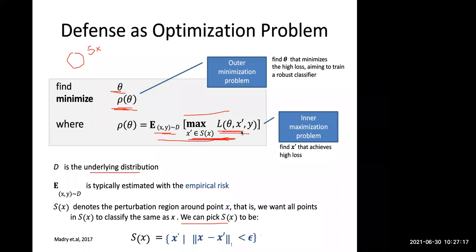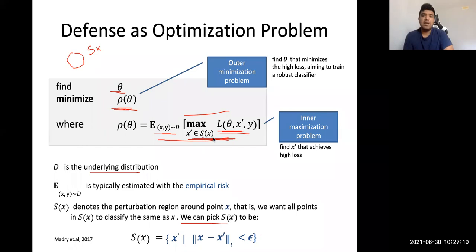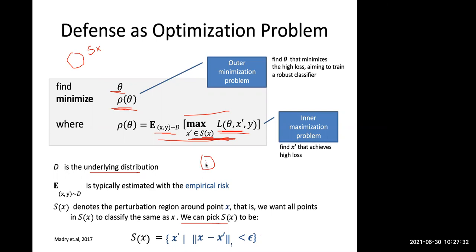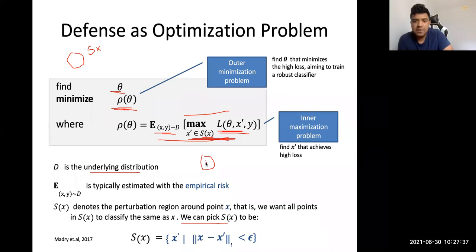And what is S here? S is the perturbation region, say the L infinity ball, the region we're interested in to find adversarial examples. So if this is our region and this is our original x, we're trying to find, say, x prime here, which gives the maximum loss for a point x prime in this region around our original point x.